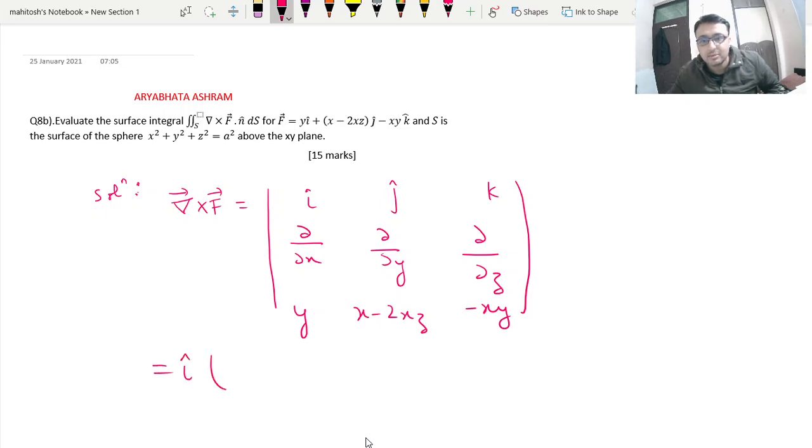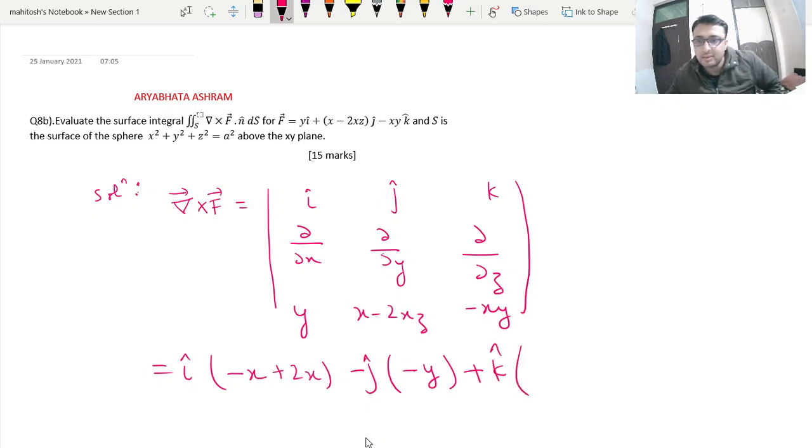So if we do this, this is your minus of x minus plus minus j cap, and this is your dou by dou x, so that is your minus y, and dou by dou z is equal to 0, plus k cap.